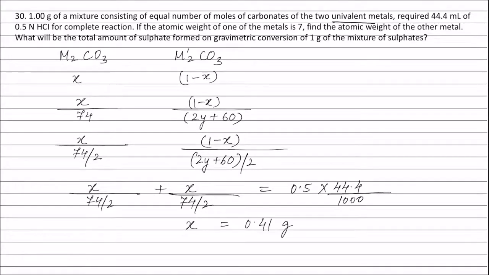Therefore, weight of M2CO3 in the mixture is 0.41 grams and weight of M'2CO3 in the mixture will be 1 minus x gram, which is equal to 1 minus 0.41, which is equal to 0.59 grams.